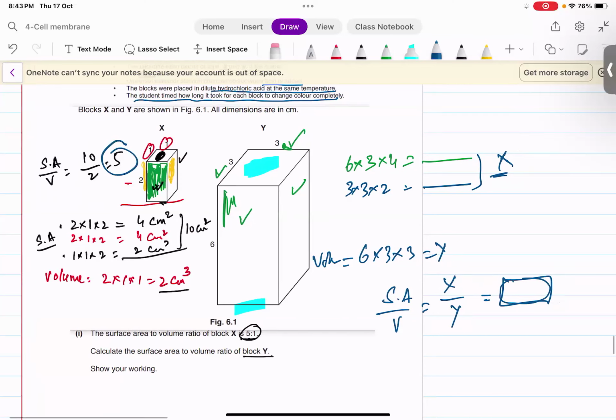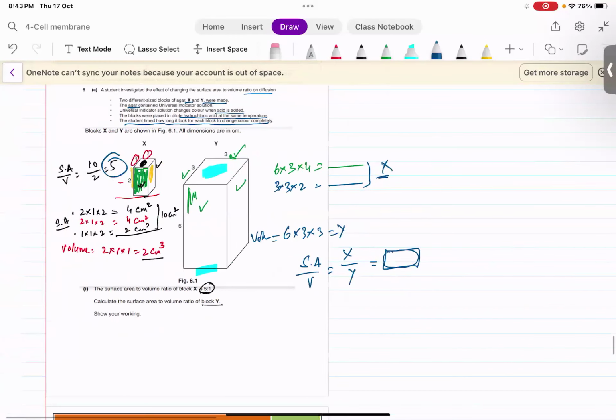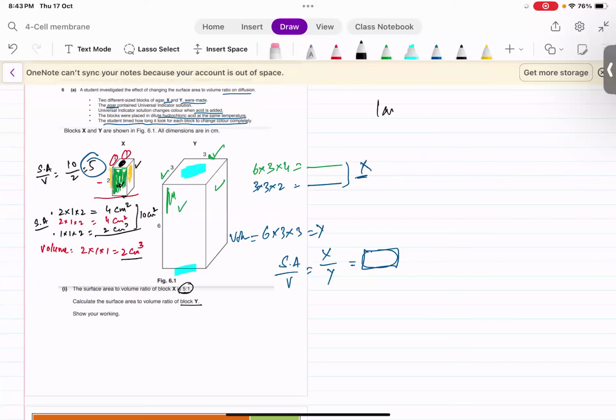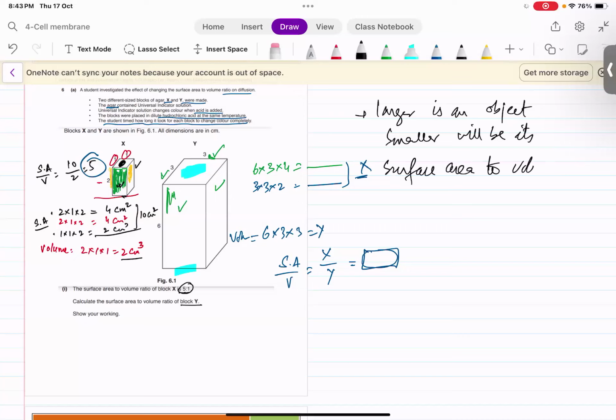So the point is, the larger an object is, the smaller will be its surface area to volume ratio, and vice versa.